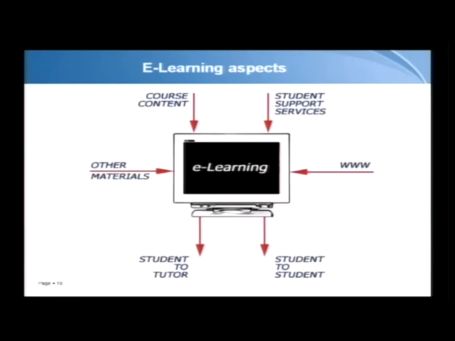So the e-learning aspects that you see on the screen, on a computer screen, or it could be a mobile screen, your mobile or a tablet for instance, are all possible online. The course content is made available, which could also be dynamic. Learner support and learner-tutor interaction is available.